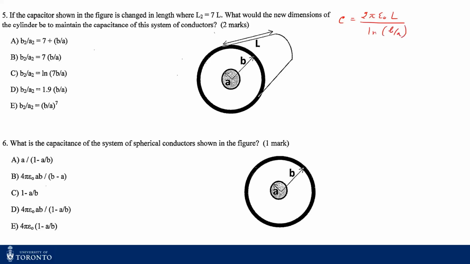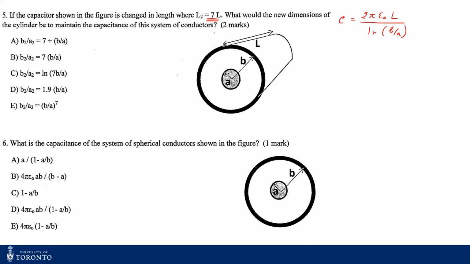Now they have asked you to find that if my length is increased 7 times, then the original value, what should be the ratio of the radiuses of the cylinders, right?